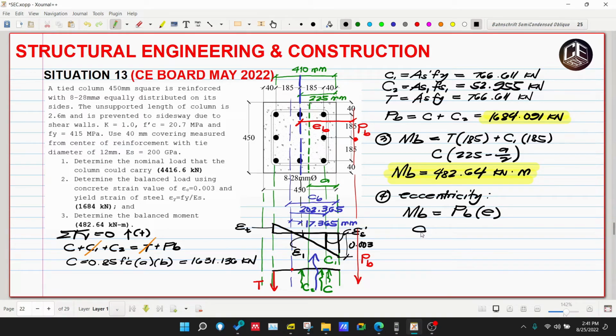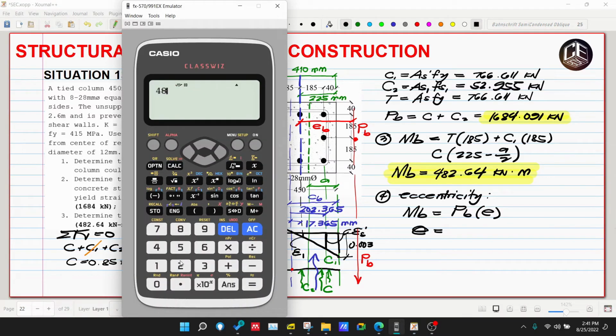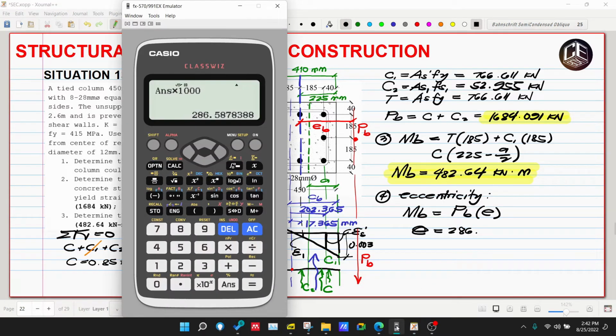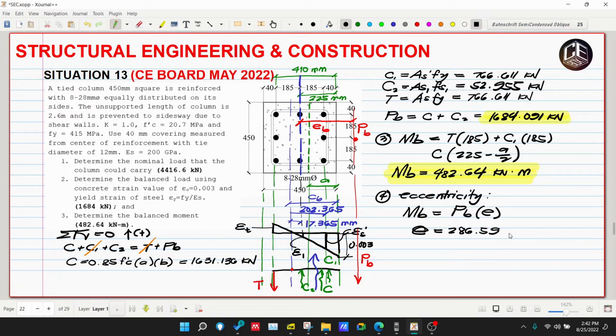So, ang ating eccentricity is equivalent to 482.64 divided by PB, which is 1684.091. Then, multiply natin ng 1,000 para maging millimeters. So, 286.59 millimeters. Okay? Yan yung ating eccentricity due to balance load.